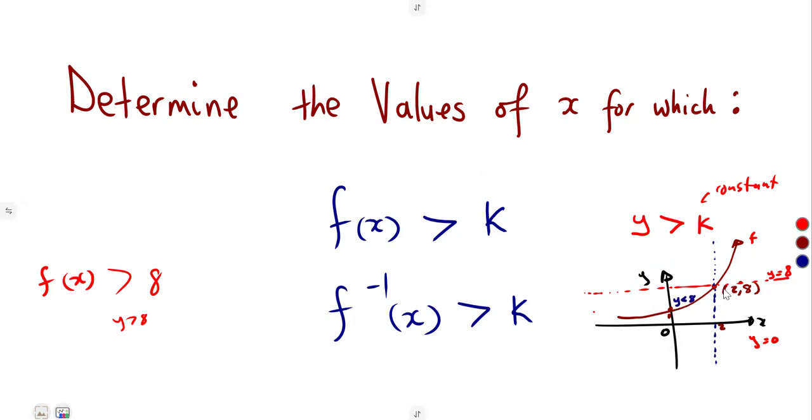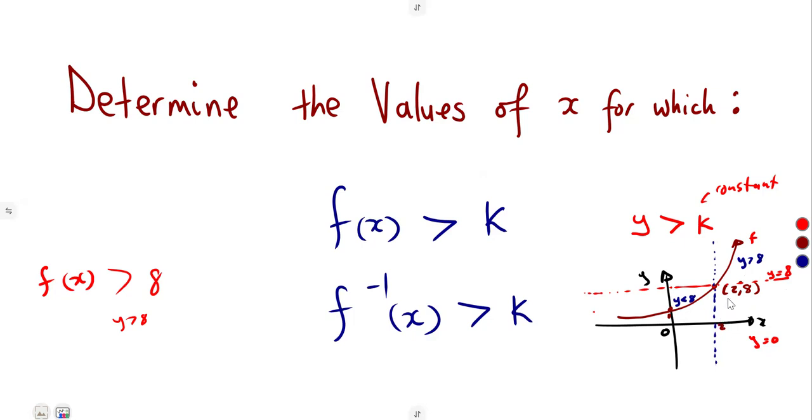But from this point going to the right side, the graph is found on top of the line y is equal to 8. The y values are greater than 8. They are bigger than 8. They are going up, compared to this side where the y values are going down.